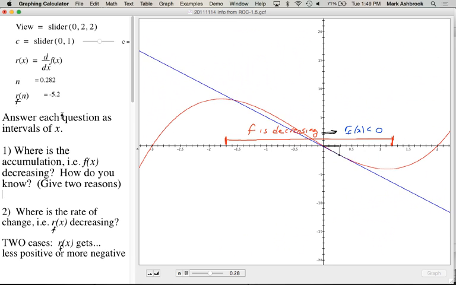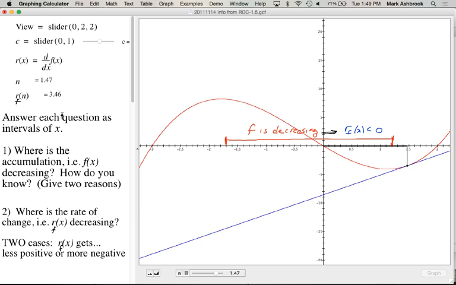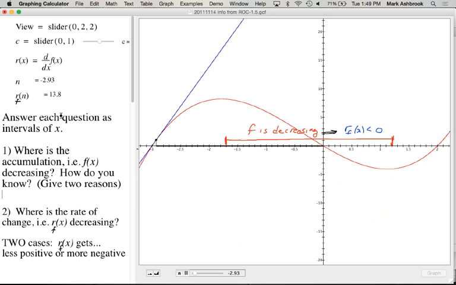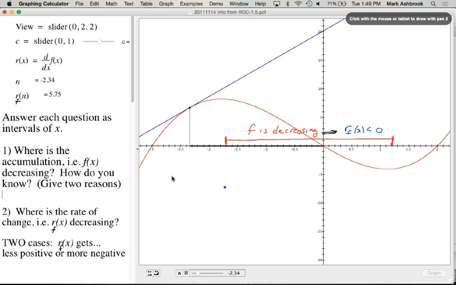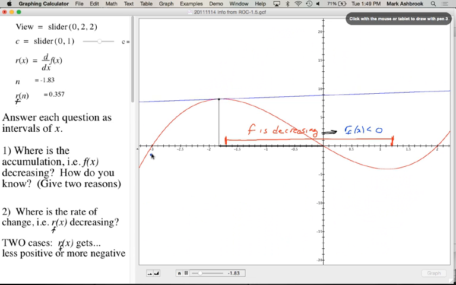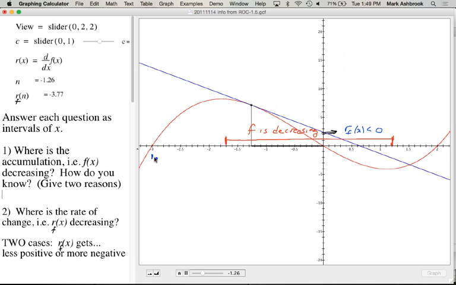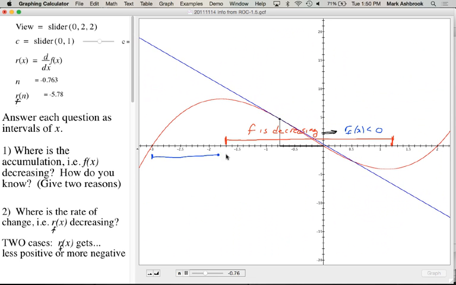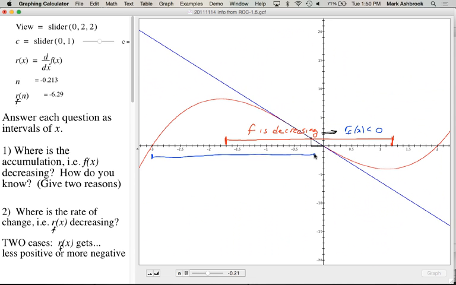From about negative 3, starting from the left side, all the way to about 0.2. What do you guys think? Agree? Yeah. What about the rest of you? All right. So about from there to there.